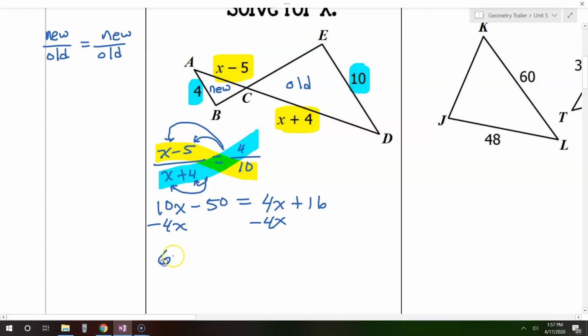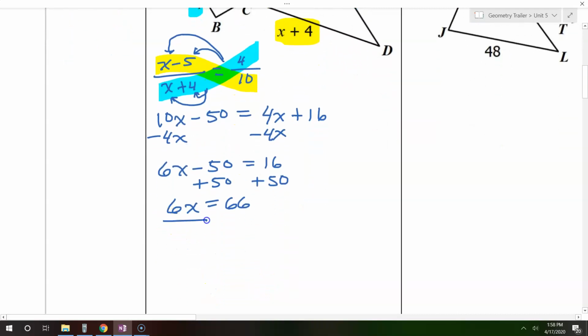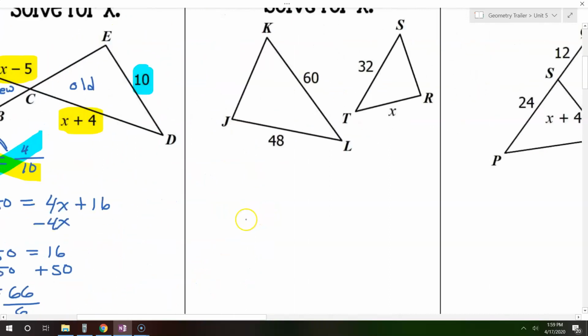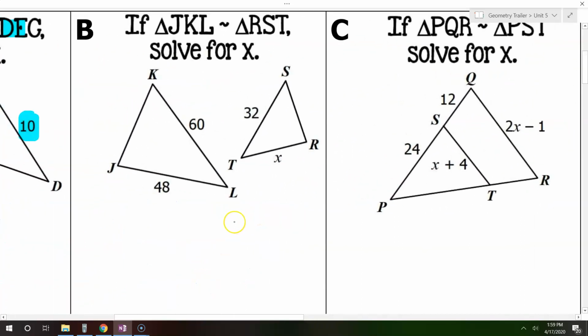That's going to give me 6x minus 50 is equal to 16. Adding 50 to both sides will give me 6x is equal to 66. And finally, we will divide both sides by 6 and discover that x is equal to 11. All right, so that is how you solve a similar triangle. Let's do a few more examples.